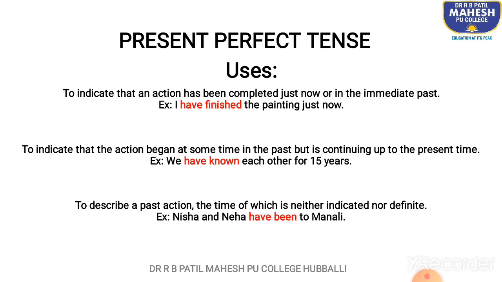So it just tells about an action which has taken place. They have been to Manali. Now the exact time or the definite moment has not been indicated. So these are the ways that we can construct sentences using present perfect tense, and these are the things that need to be kept in mind, as I told you: has or have and the past participle of the verb.